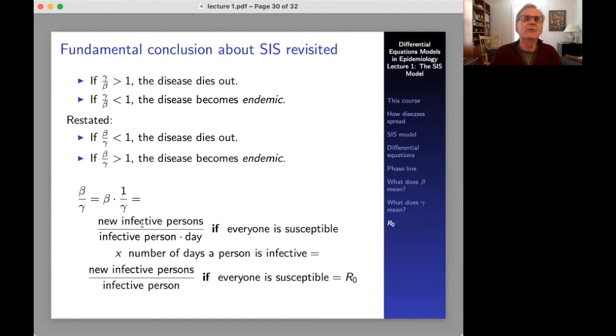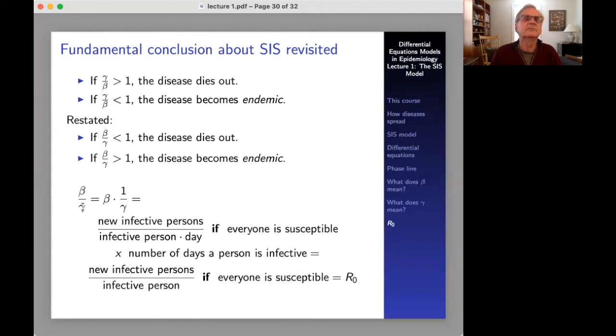So if you look at how many people an infected person infects per day and look at the number of days he's infected, multiply that out, you'll just get the total number of people that that infective person infects. So when you multiply this out, you get the total number of new infective persons caused by one infective person, provided everybody was susceptible. And that product is called, in epidemiology, R naught.